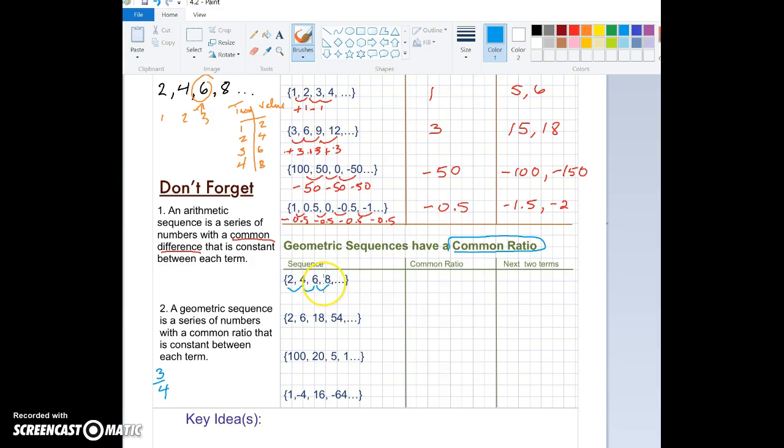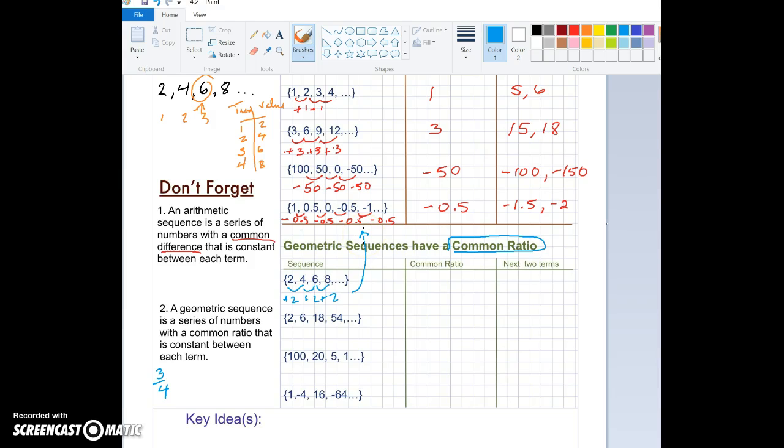So is this an arithmetic sequence or a geometric sequence? It's underneath geometric sequences, but it's actually an arithmetic sequence, because from 2 to 4, I add 2. From 4 to 6, I add 2. From 6 to 8, I add 2, don't I? So this needs to go up here, right?